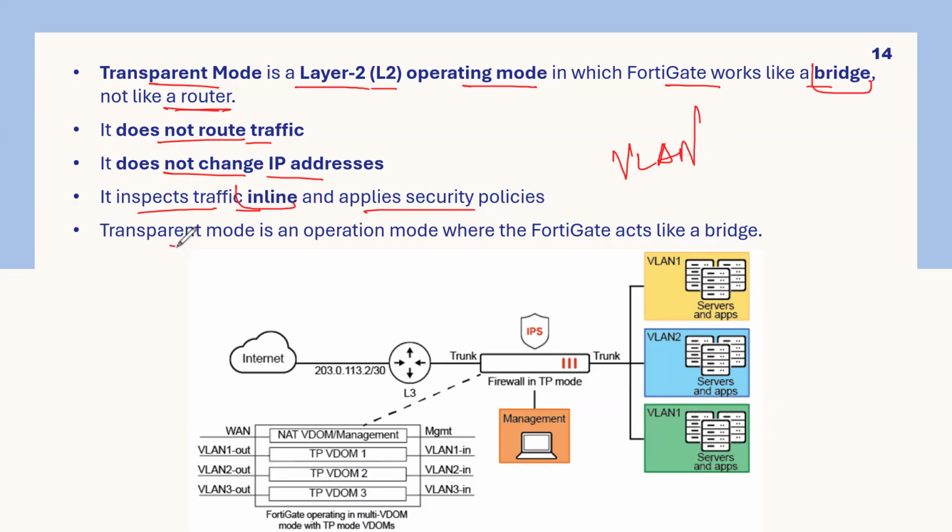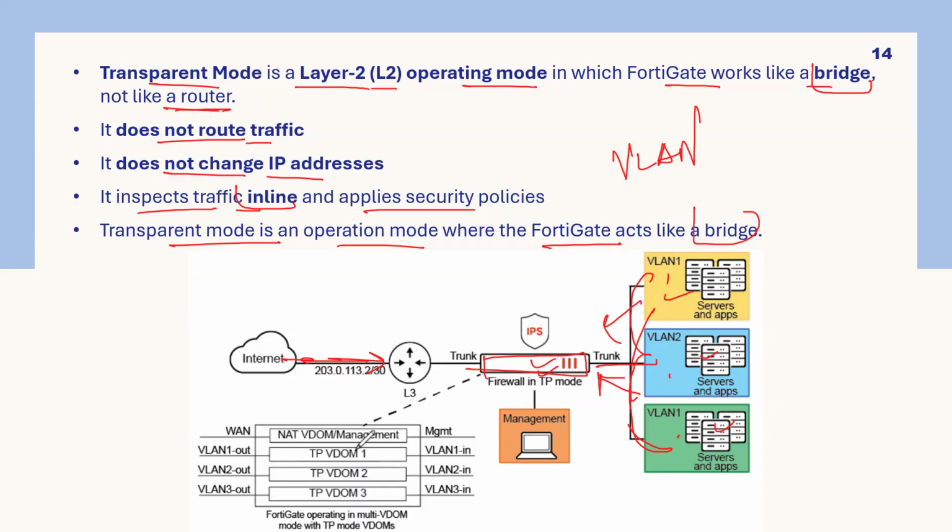right? So transparent mode is an operation mode where FortiGate acts like a bridge. You can see here, this is the internet, and we have the firewall, and different devices are connected, in different VLANs. The work of this firewall is to allow them to communicate with each other, and based on this they need policies.